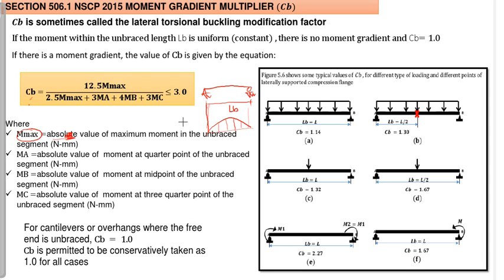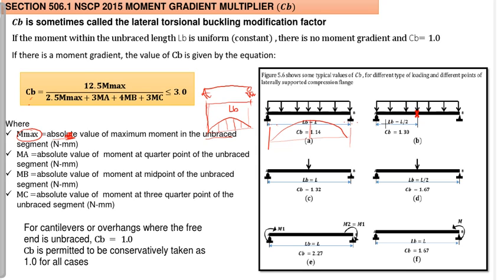Also, sabi dito that it is within our unbraced length or unbraced segment. So, kukunin mo yung moment within doon sa ating LB. So, for example, dito, kasi yung LB natin, ito. So pag magkakaroon ka ng moment dito, yung Mmax mo, kukunin mo kasi the whole span of LB. Yung LB natin, the whole span. So, kunin mo yung maximum moment dyan.